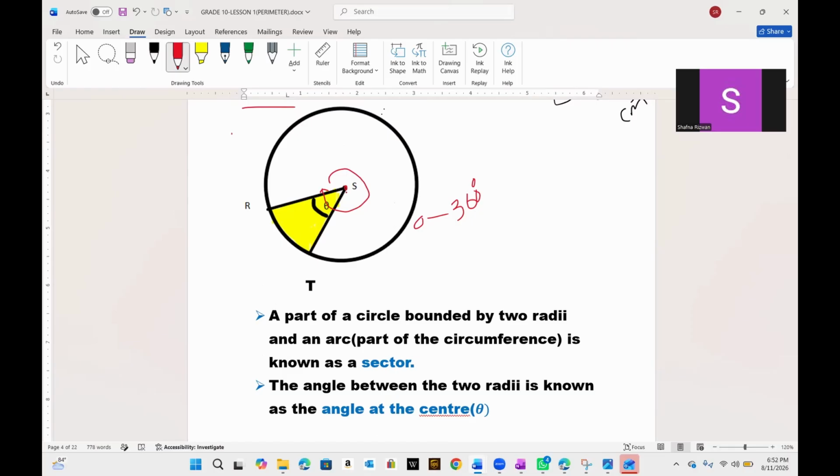This is a point in a circle, no? The angle around a point is 360 degrees. Here we are taking this angle, so it can have a value from 0 to 360.